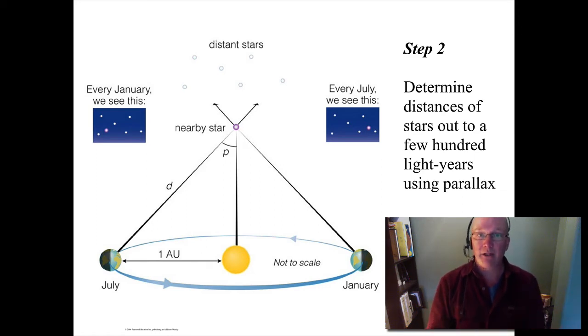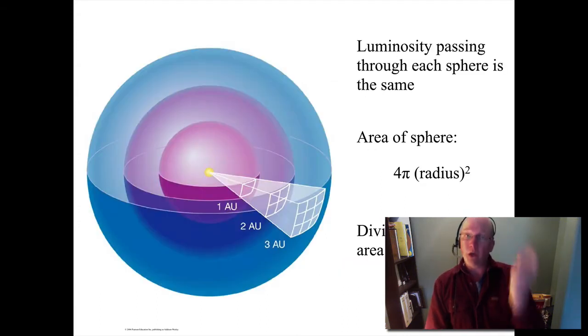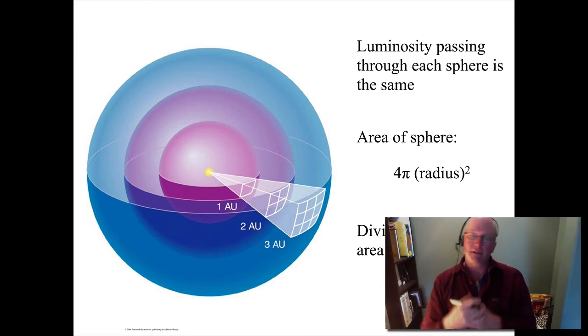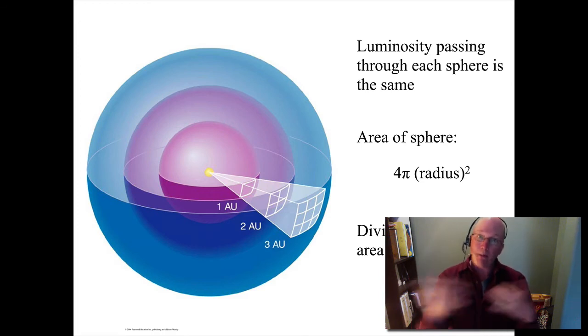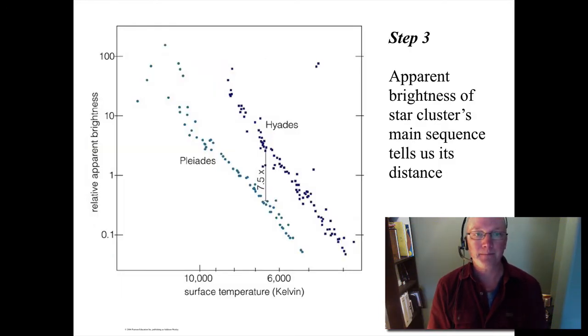Once we've done that, we can create the HR diagram, which allows us to figure out the distances to stellar clusters. If you know its actual brightness, then you can measure its apparent brightness and figure out its distance, right? So if we know the distance and we know the apparent brightness, we can figure out its actual brightness, and this gives us the ability to tell the properties of the stars by creating HR diagrams and things like that.